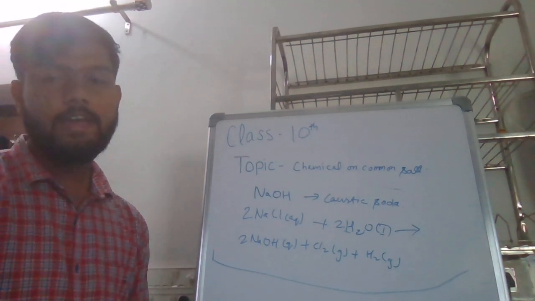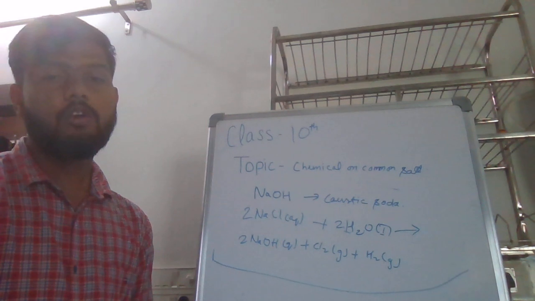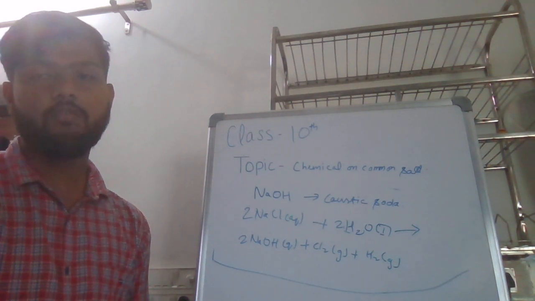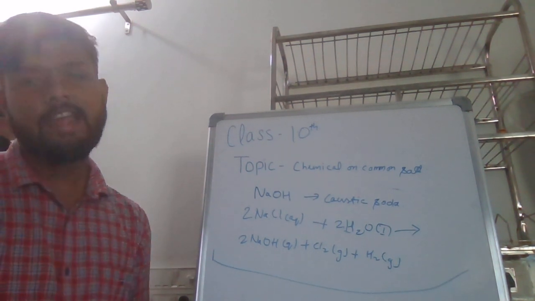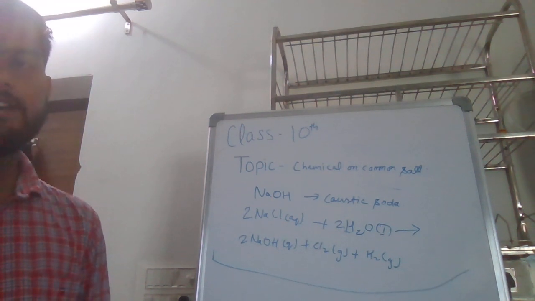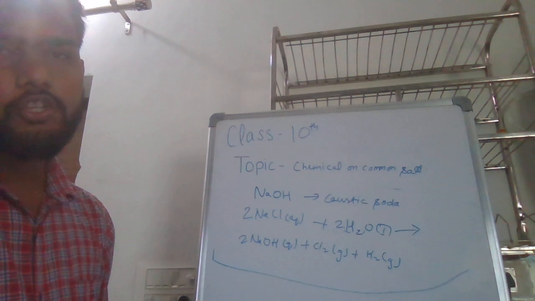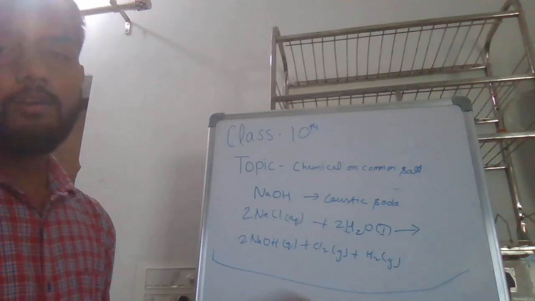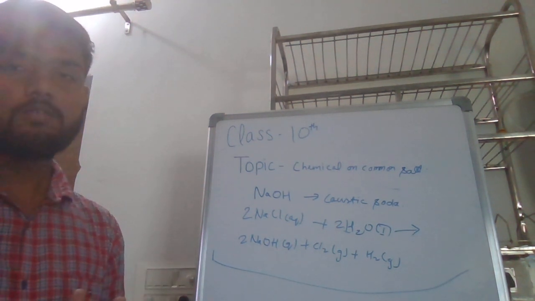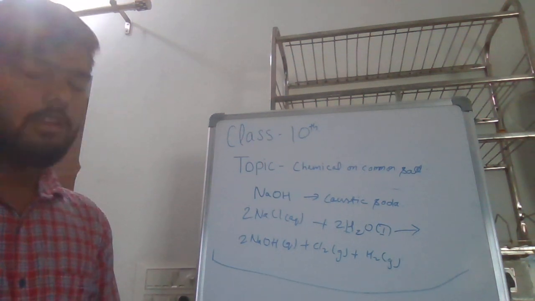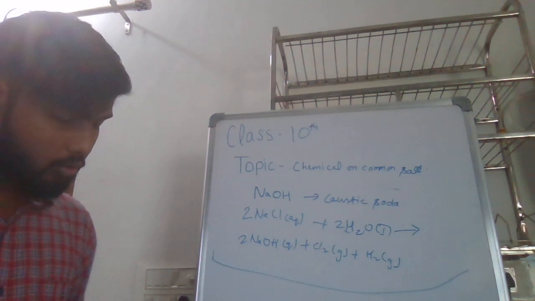Okay, so I have one statement for you. Now you have to tell me, is it true or false? The statement is that when electricity is passed through an aqueous solution of sodium chloride, called brine, it decomposes to form sodium hydroxide. Is the statement true or false?